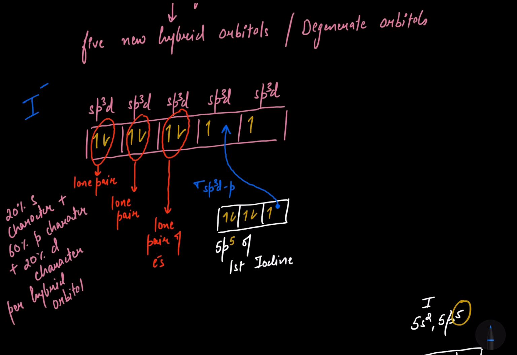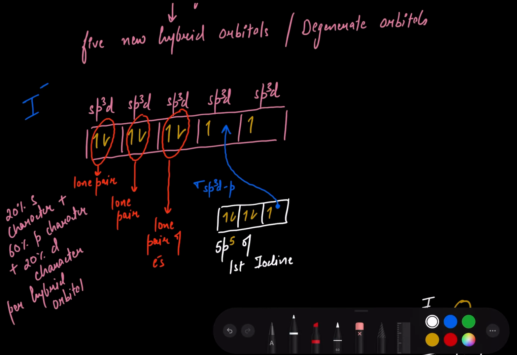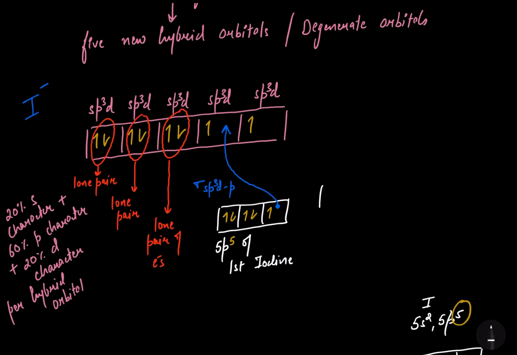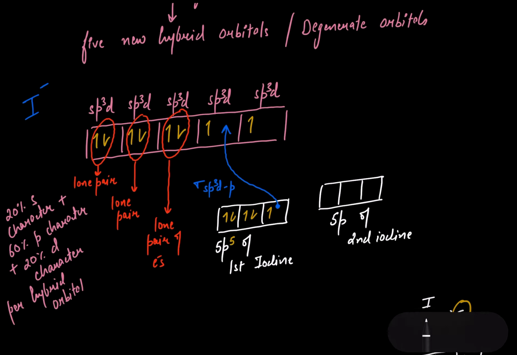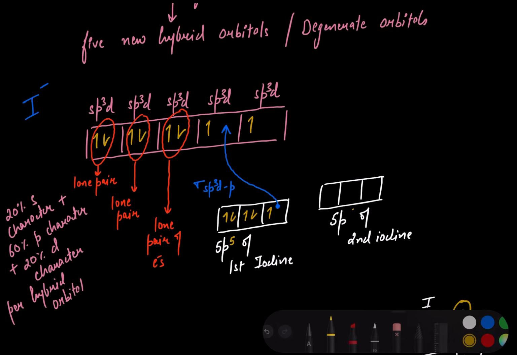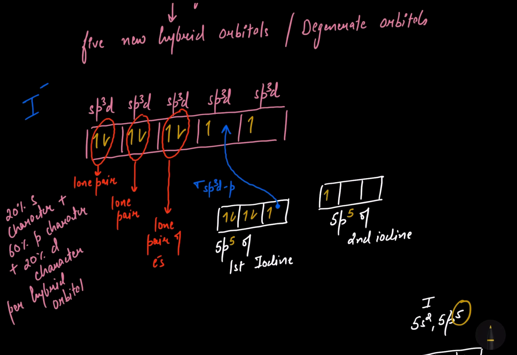Now let's talk about the second iodine. That's the 5p of second iodine. Now here also we know that the 5p is having 5 electrons. That's the first electron, second, third, fourth and the fifth.